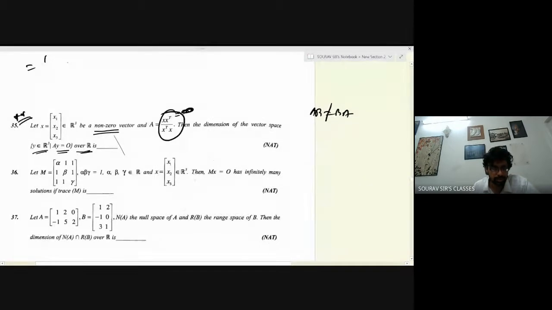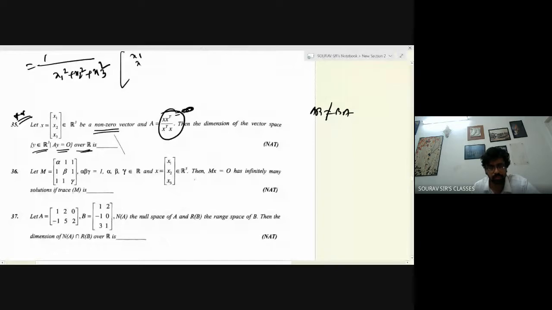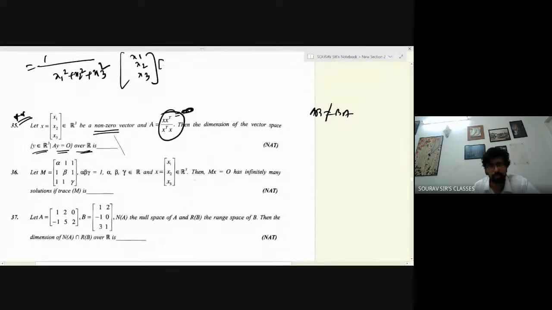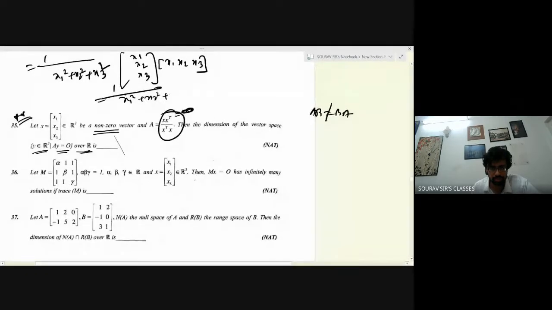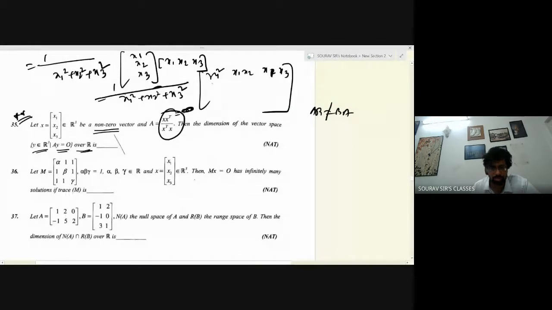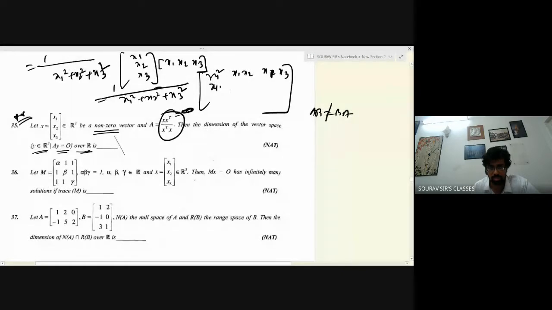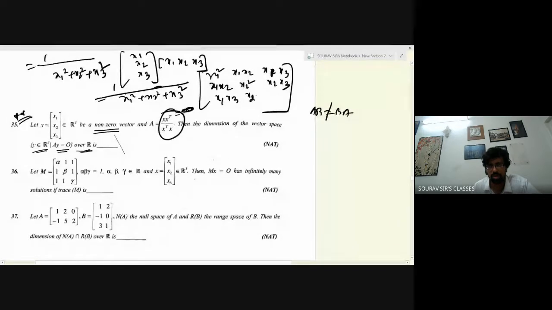So here, if you multiply, we get x1 squared, x1 x2, and so on.